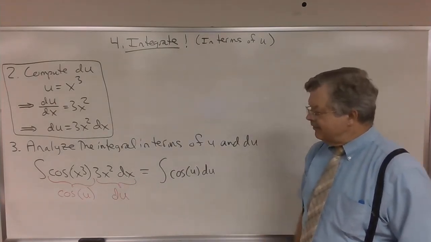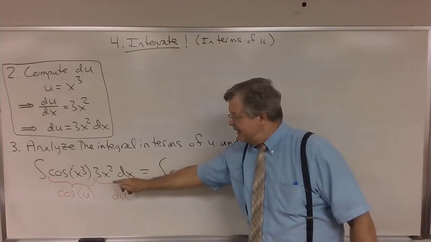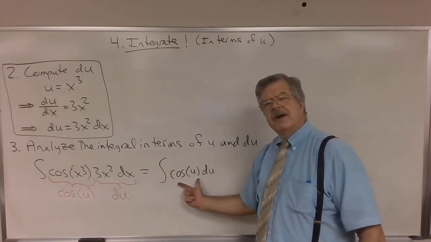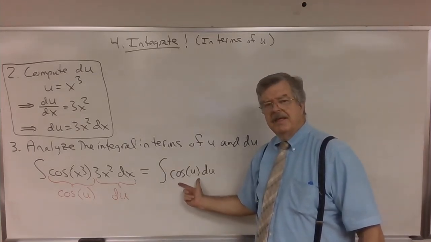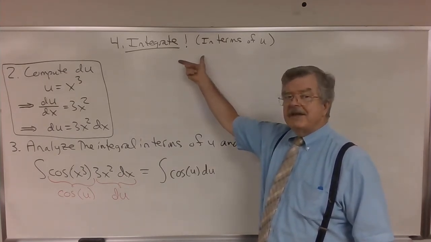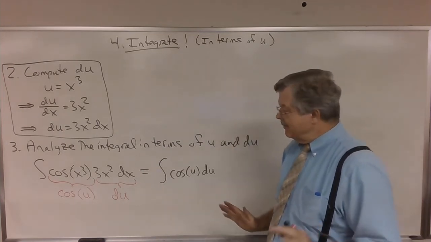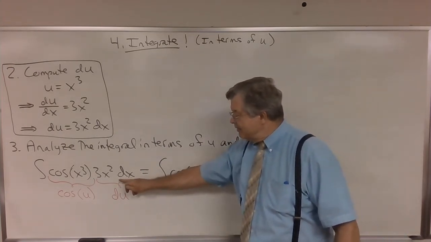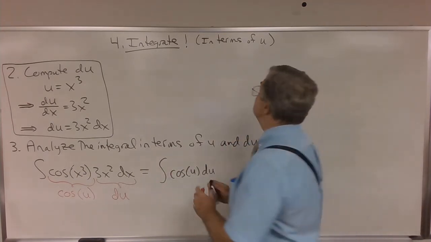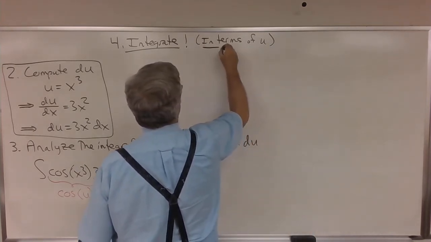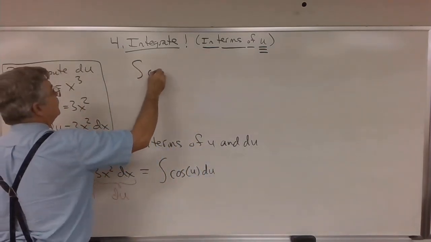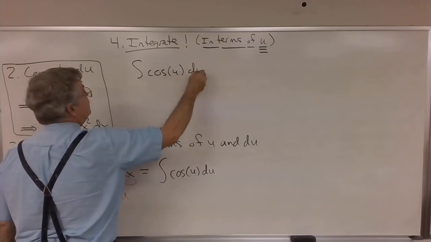We've gone through a lot of trouble to rewrite the original integral in terms of u. Why go to all the trouble to rewrite this integral in terms of u, and then in step 4, when we integrate, rewrite everything in terms of x and try to integrate that? No. We went through a lot of pain to rewrite this integral in terms of u, and we're going to integrate in terms of u. So we have the integral of cosine of u du.